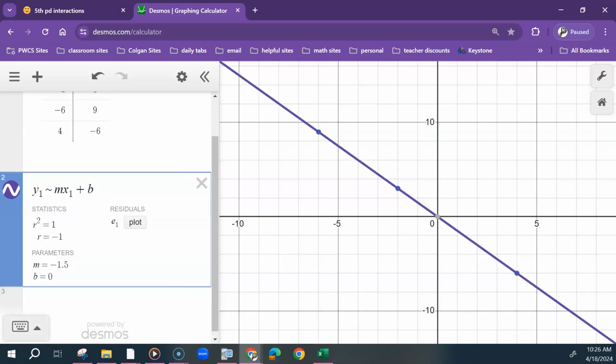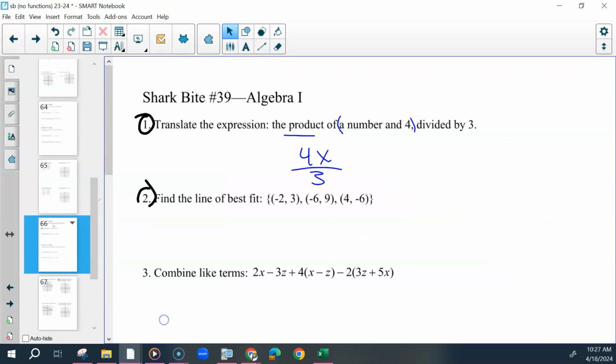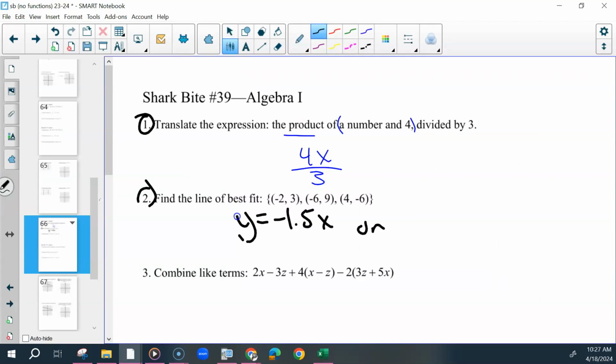And we would get y equals negative 1.5x or y equals negative 1.5x plus c. Either one. Questions on either of those?